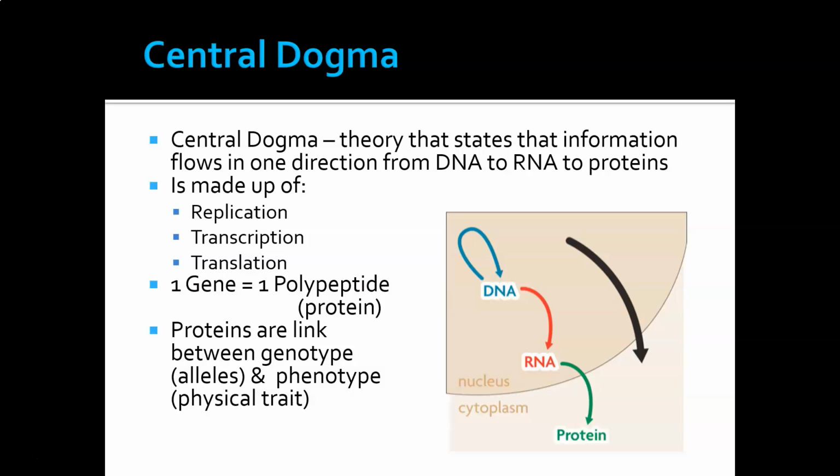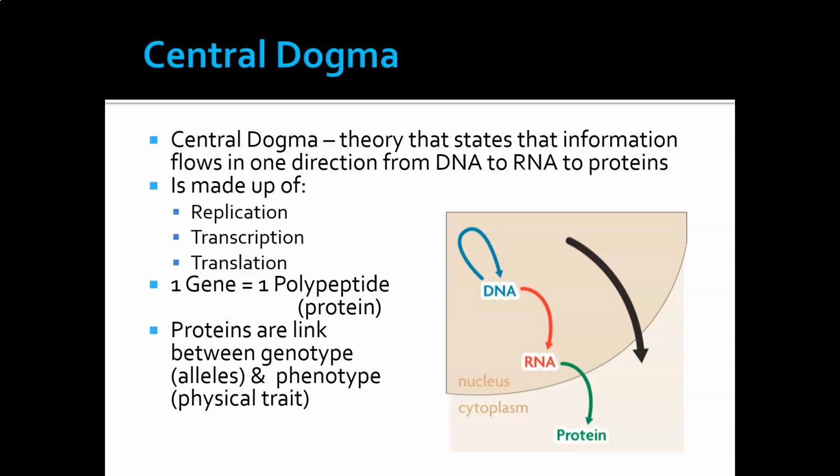So, how do we get the set of instructions that are currently trapped in the nucleus out to the cytoplasm to actually build those proteins? Well, that means there needs to be an intermediary molecule, and that molecule that bridges that gap for us is RNA. More specifically, we'll talk about it as mRNA.